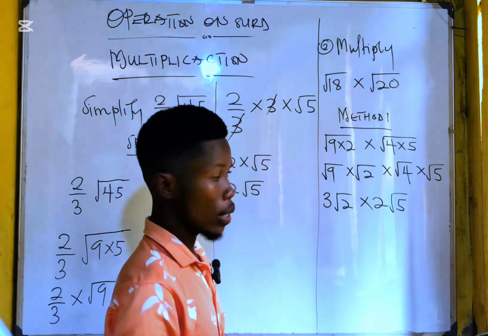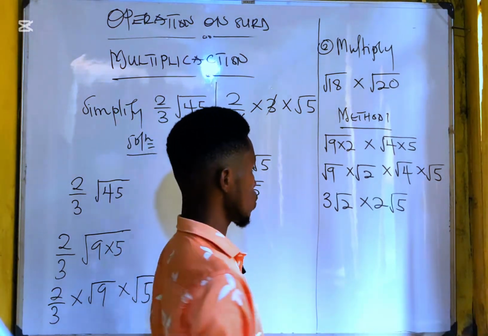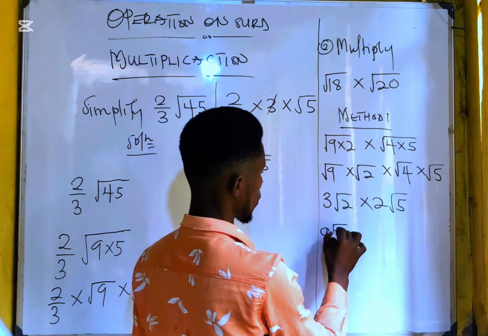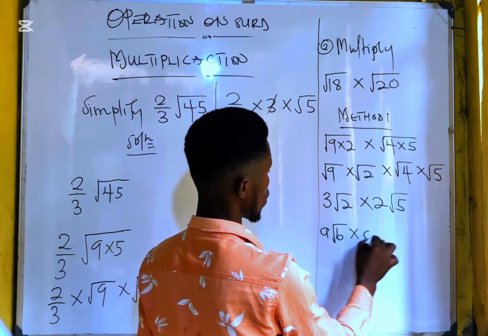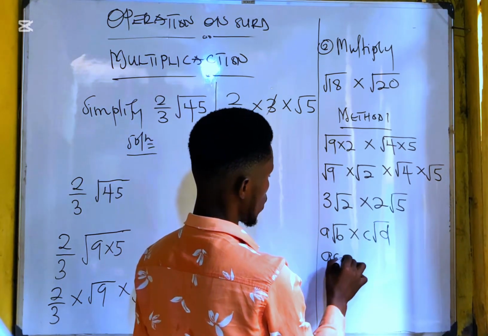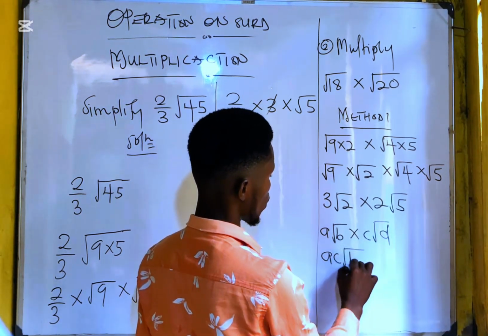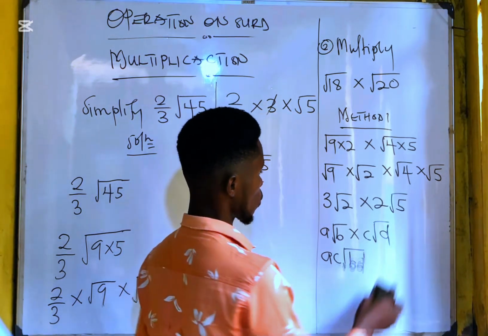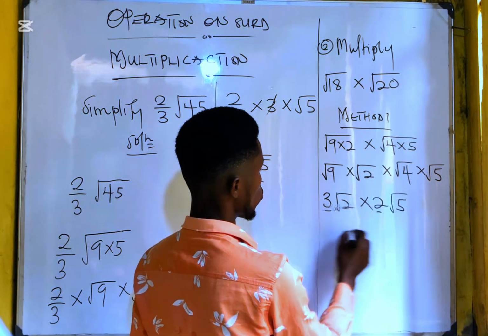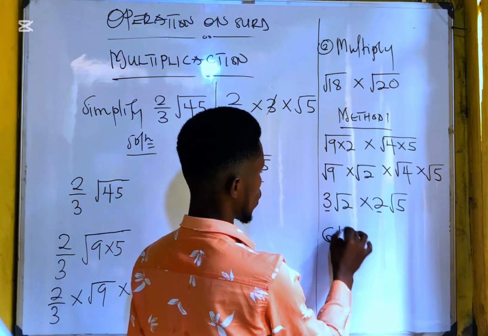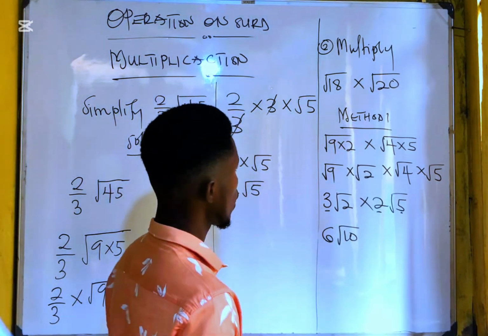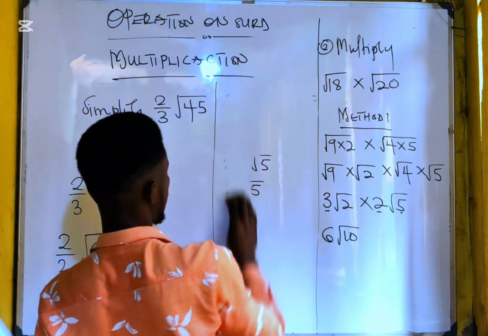But remember, with one of the properties I showed you, when you are multiplying like this, if I have A multiplying B times C multiplying D, this A will multiply the C and the inside one will also multiply BD. Is that okay? So that's what we are going to do here. So 3 will multiply the 2, that will give you 6. 2 will multiply the 5, that will give you what? 10. Is that okay? That's one method.